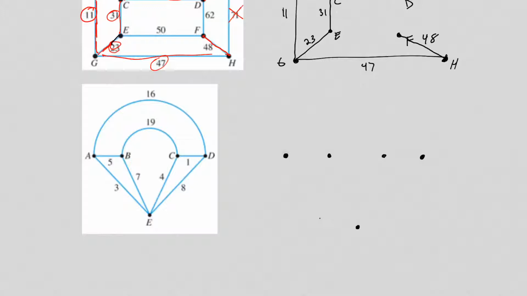So how are we going to start again? The algorithm wants us to start with the lowest. If you look, the lowest will be this one. So we're definitely going to draw that over here. So let's label this A, B, C, D, E.